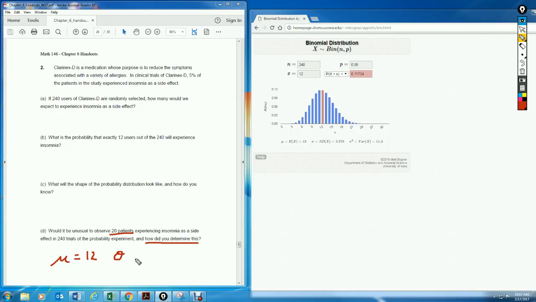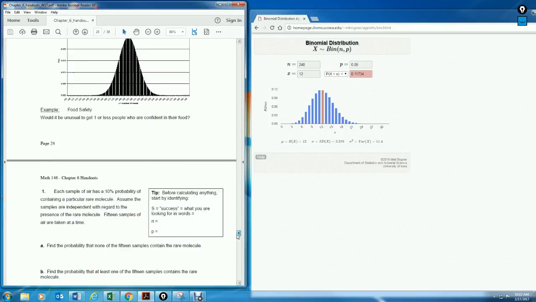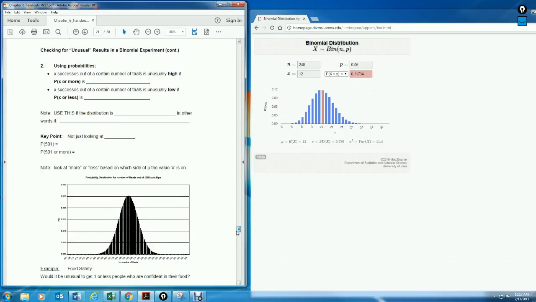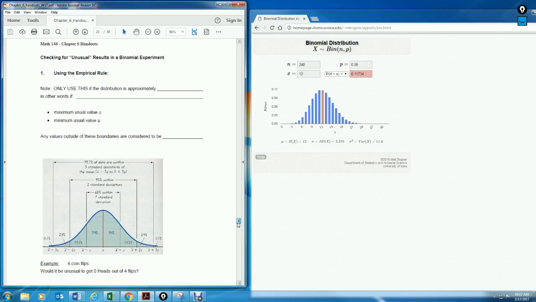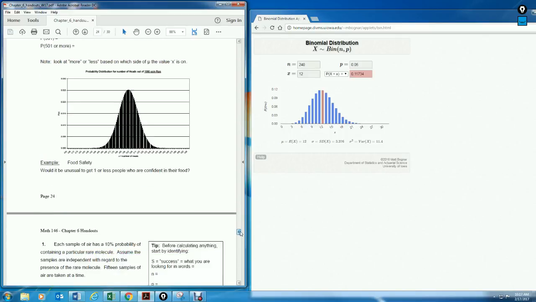Because this is a bell-shaped distribution, we already determined that, we can use the empirical rule here for determining whether or not there are unusual results. We can use the empirical rule if the distribution is approximately bell-shaped.